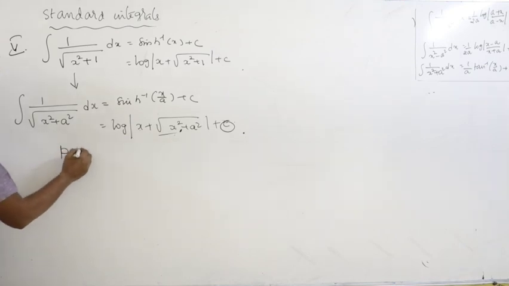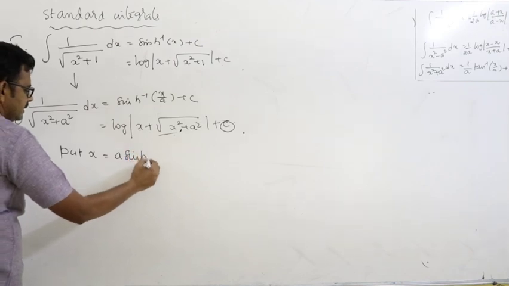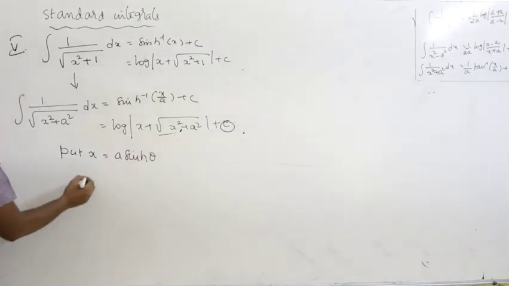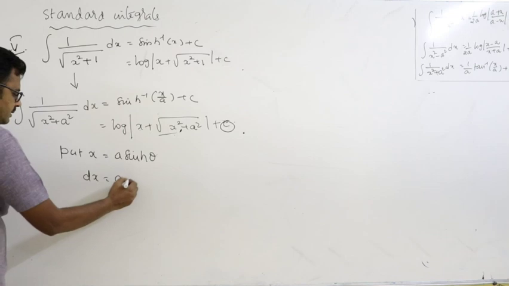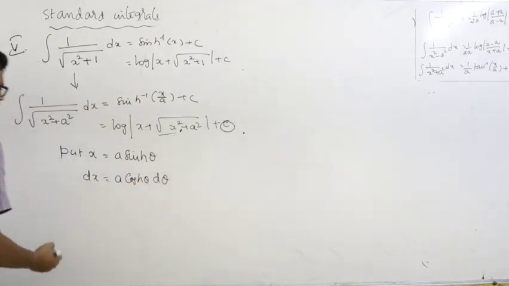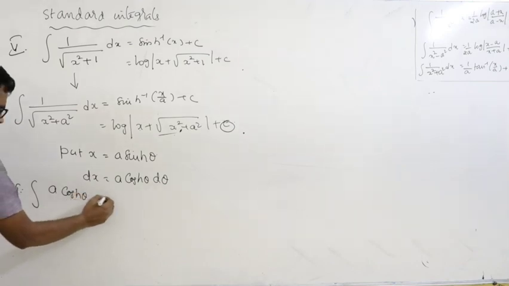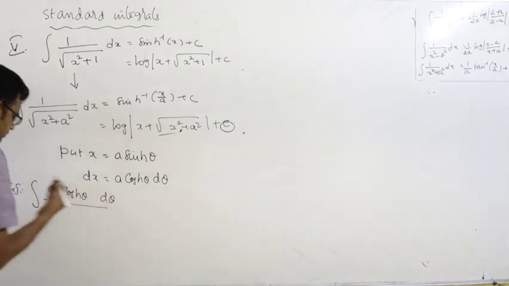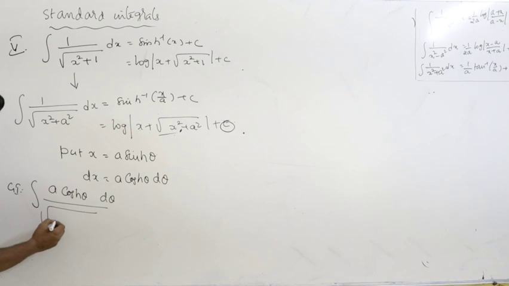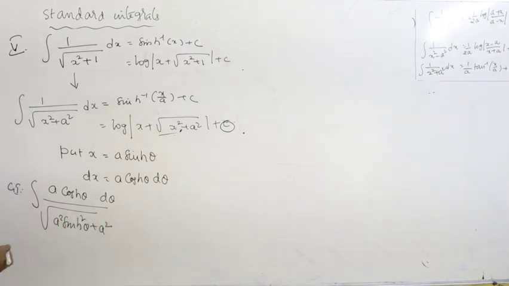Now, put x is equal to a sin h theta, dx equal to a cos h theta d theta. Therefore, given integral a cos h theta d theta by root of a square sin h square theta plus a square.